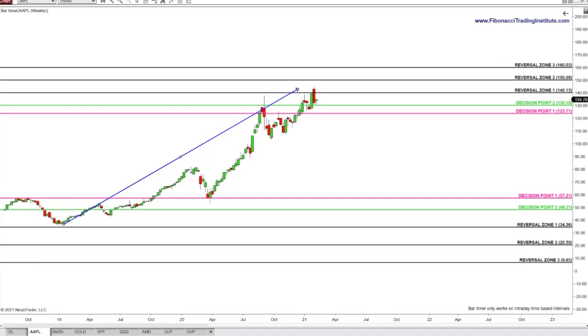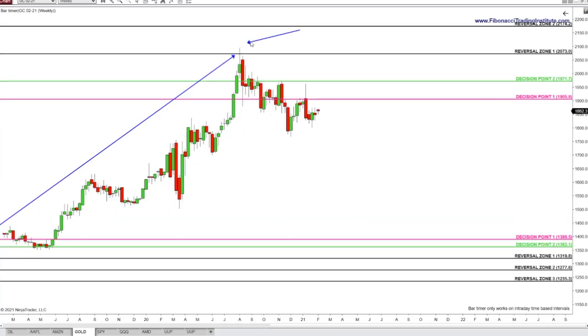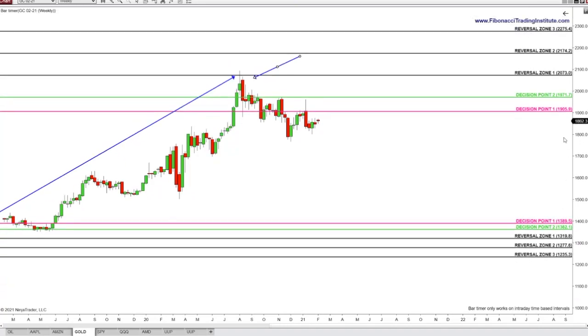Or is it gold? Every single one of these instruments can be traded with the Alpha Fibonacci system. Stay between the lines. Practice with focus and effort.